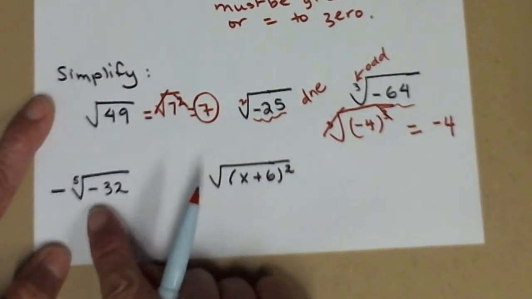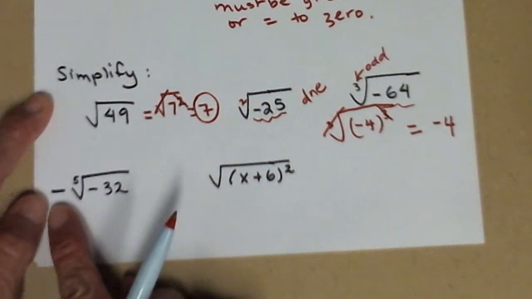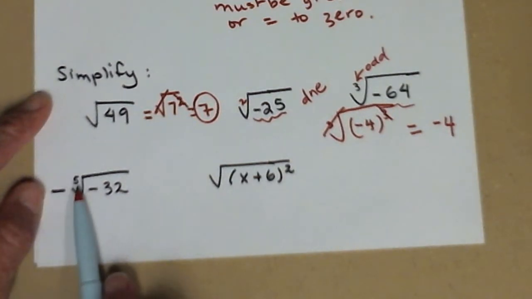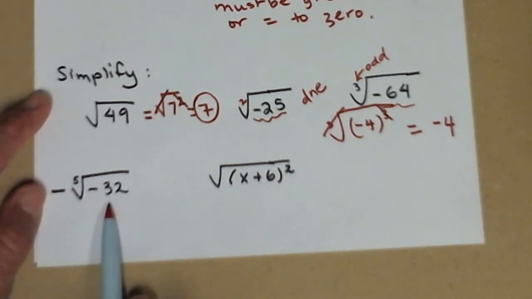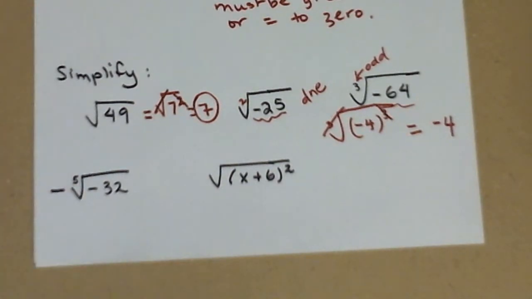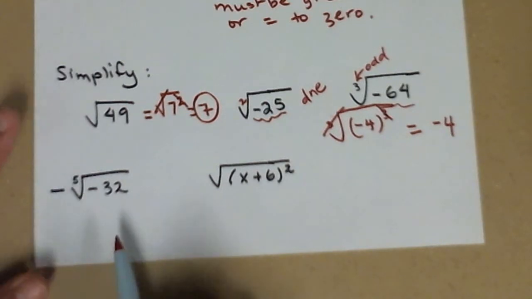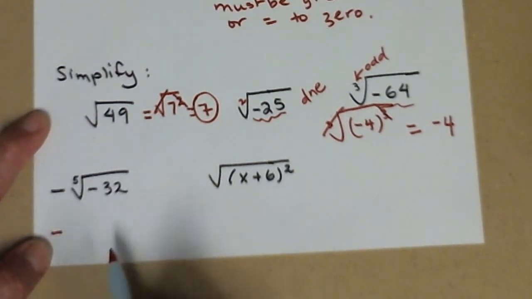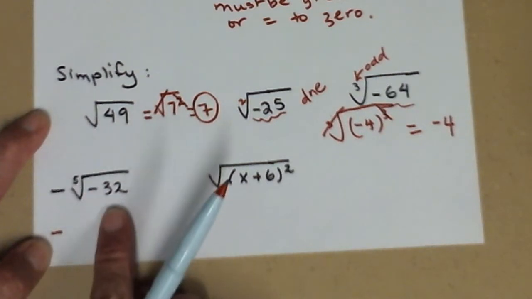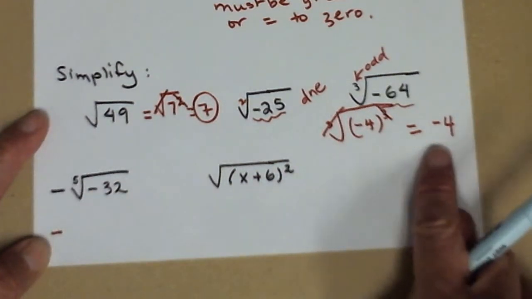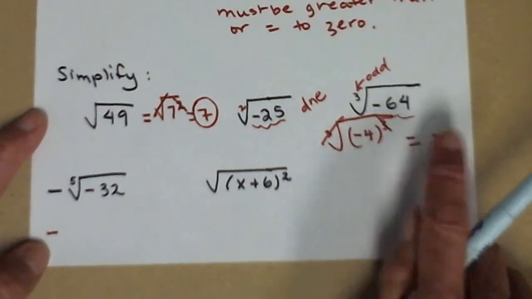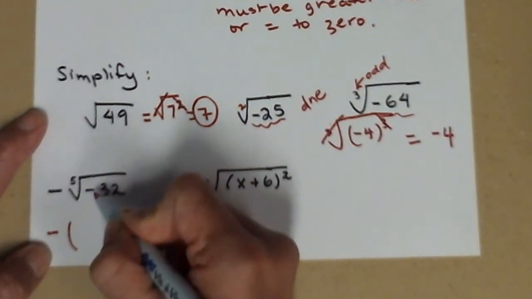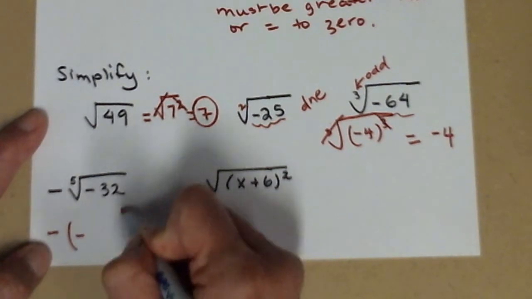If we look down here, with a negative sign out in front, we like to say the opposite of the 5th root of -32. This is just to practice with our negative signs. This one carries along; we save that for last. The 5th root of negative 32: I need 5 of the same factor to end negative, so that one has to be negative.